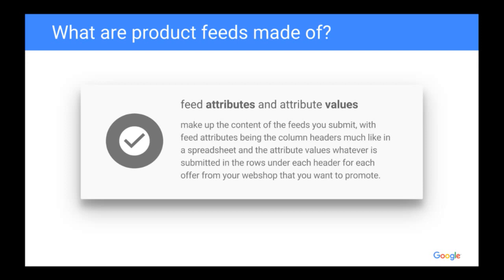So there is an attribute for your product ID, there's an attribute for your title, there's one for your description, there's an attribute for your image. And then the values, in the analogy of a spreadsheet, are the individual rows where for article number 1 and article number 2, article number 3, you submit all your product data.